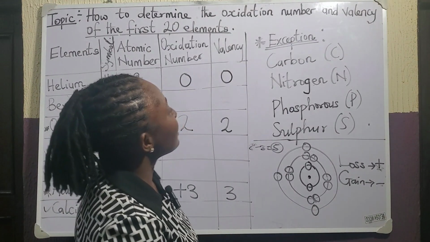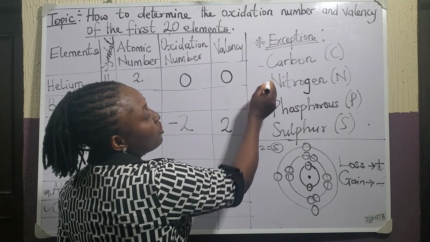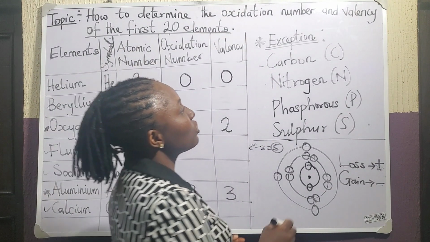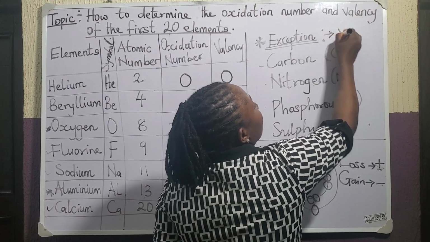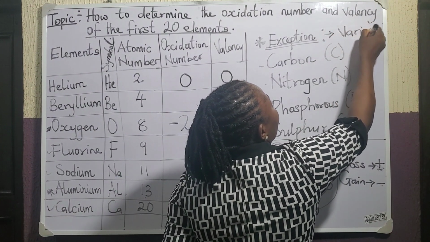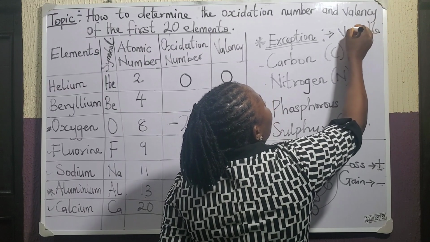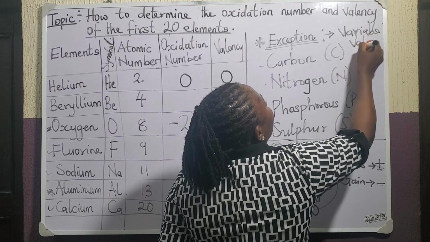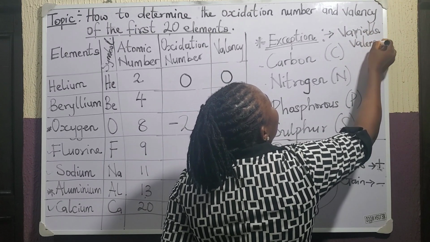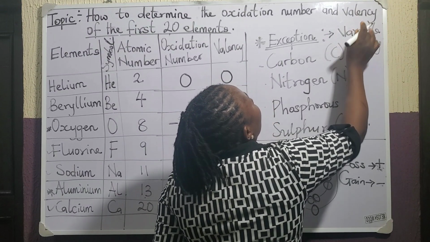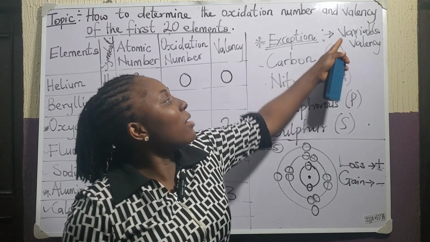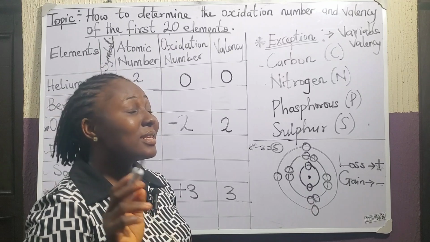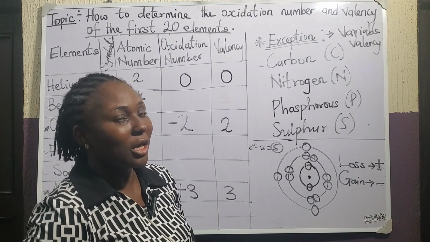And the exceptions are carbon, nitrogen, phosphorus, and sulfur. They have what we call variable valency. They have more than one valency. And it affects their naming when they are in a compound.